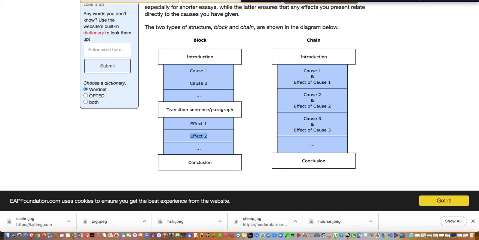There is this one, we call it block. Block is not connected to one another. It's really isolated from one another. But if you chain it together, it's like this.